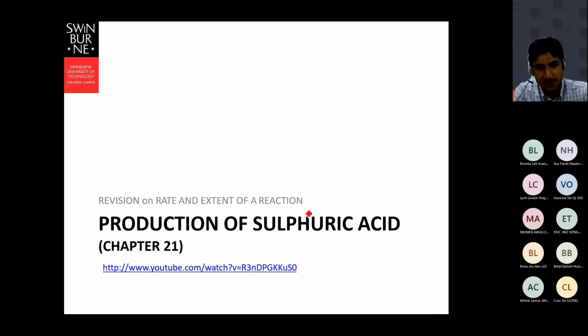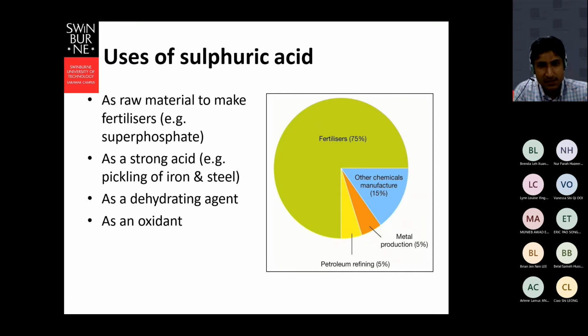Just for information, sulfuric acid is the second most produced chemical in the world, after, I forgot actually what. It is such an important reagent that we need for metallurgy, petroleum refining, fertilizer, and other chemical manufacturing.